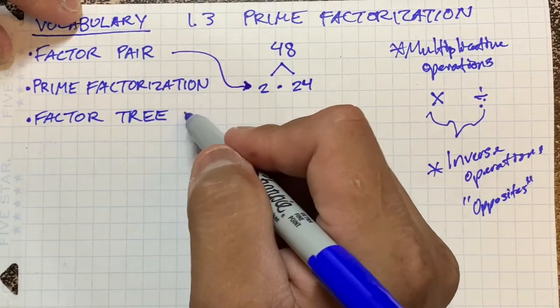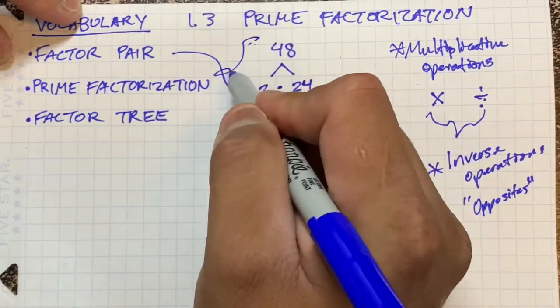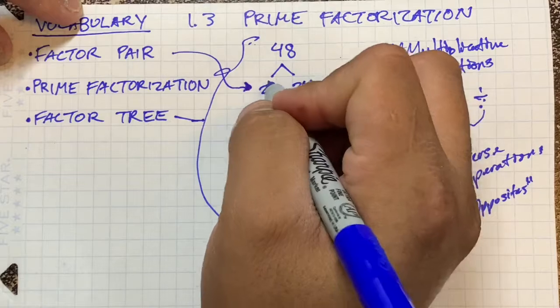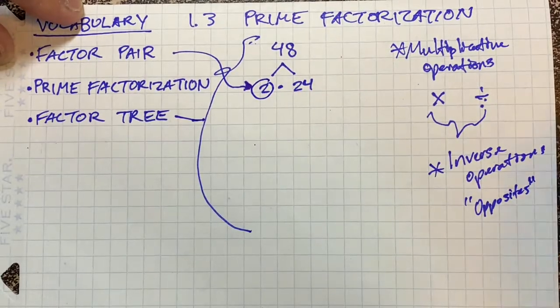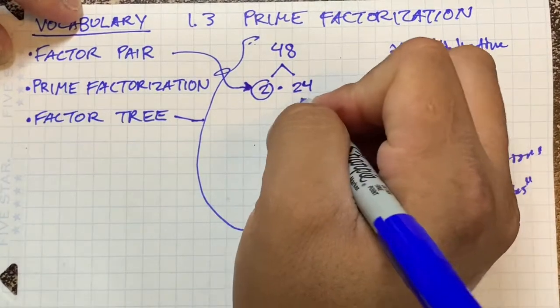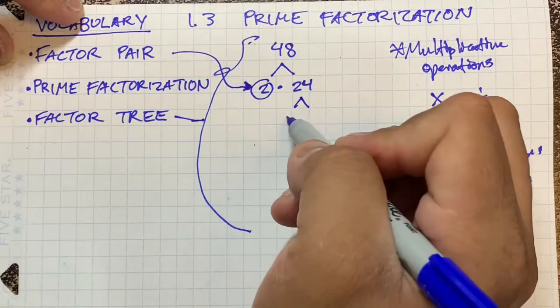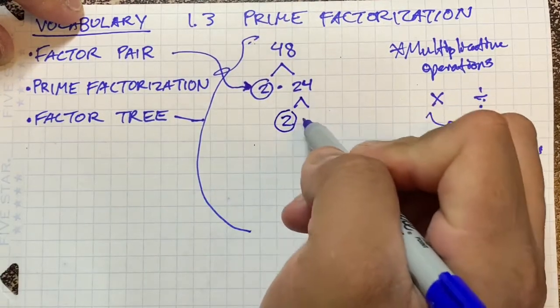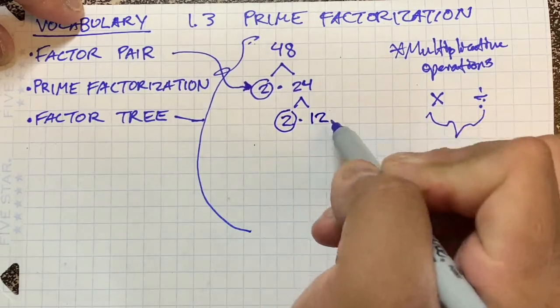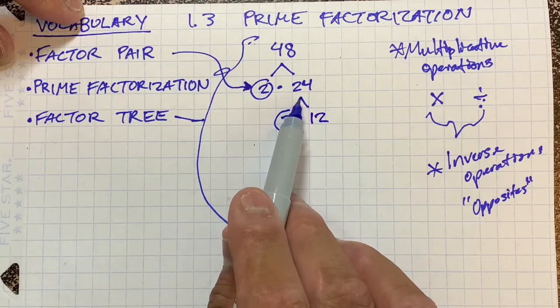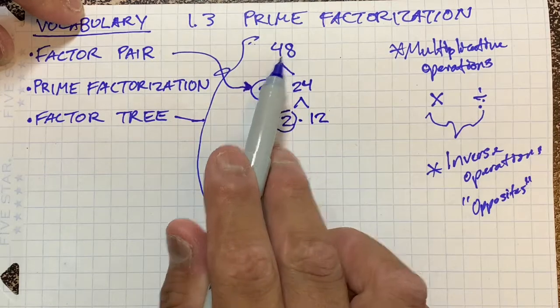Right now we're going to create a factor tree. 2 is prime, so we circle that. And let's continue to break 24 up using the multiplicative operation of division. So half of 24 is going to be 12. Again, these are factor pairs. 2 times 12 is 24. 24 times 2 is 48.